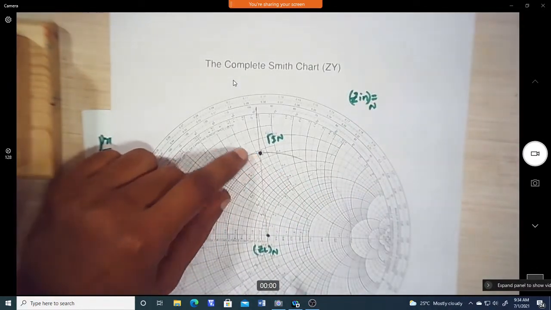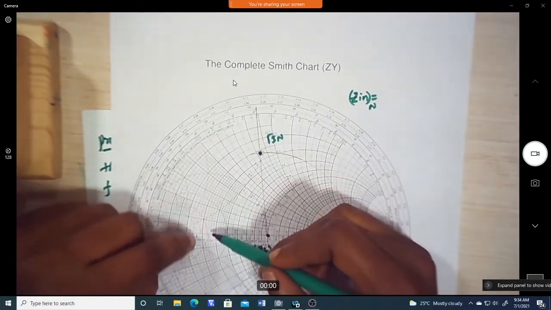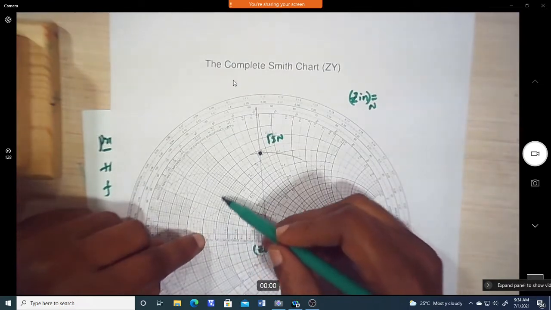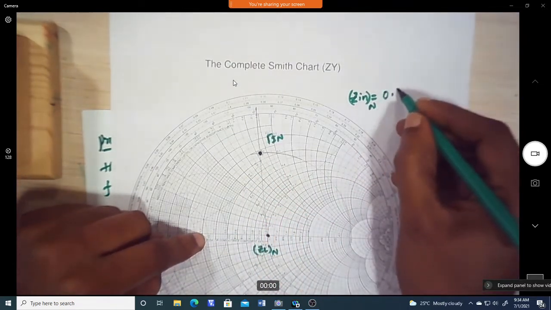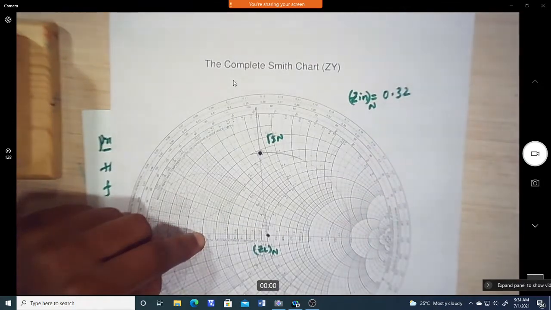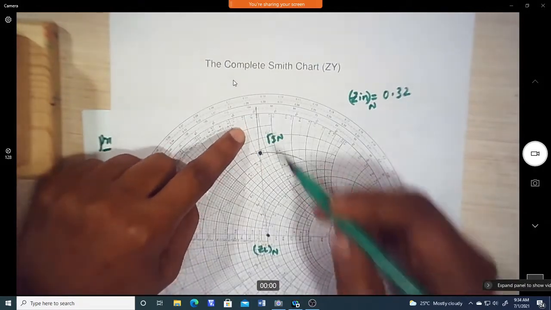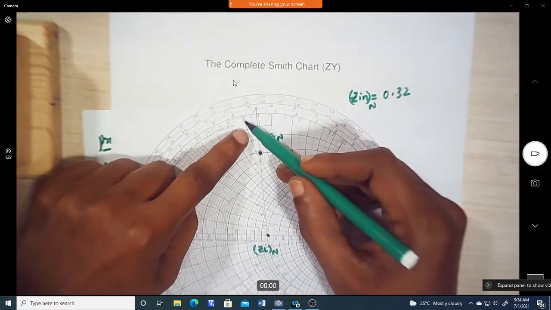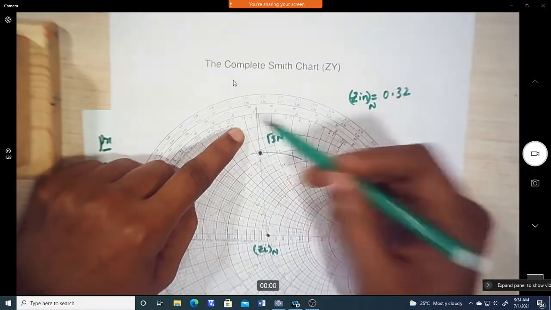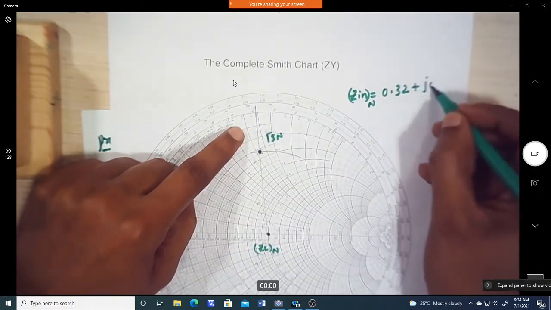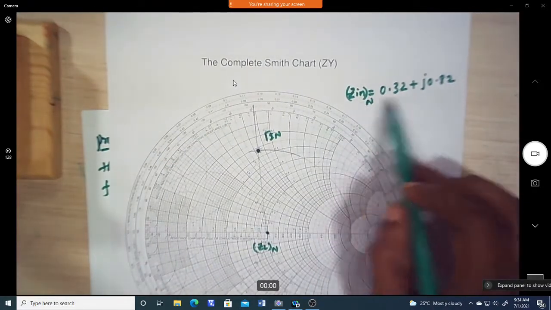Okay, so if I read that one, so you will going to get the value which is around 0.32. Okay, and the reactance value which is equal to, so this is 1 and this is 0.8 and this is 0.9. So in between it is there. So we will take it as plus j 0.82. Okay, so this is the input impedance value.